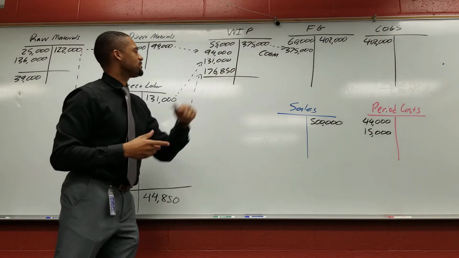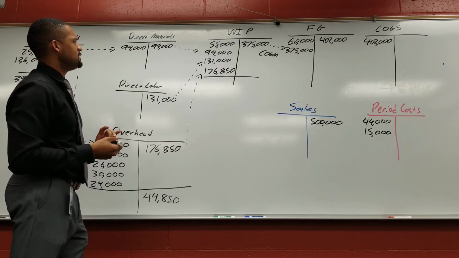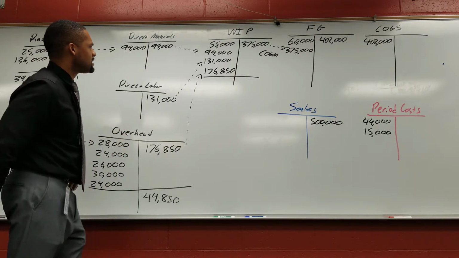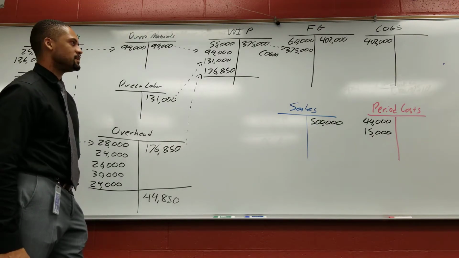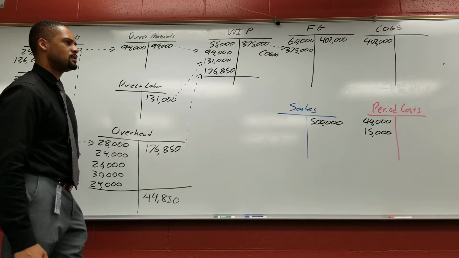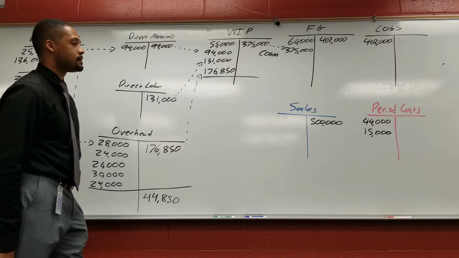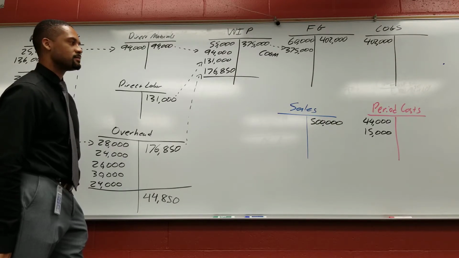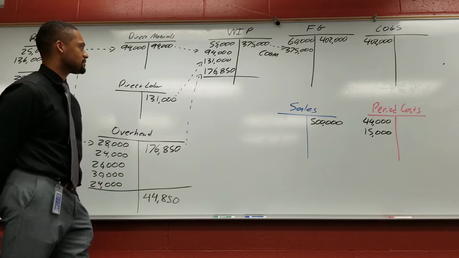We finished 375,000, and that should leave us with, let's see, 55, 94, 131, that's 186 plus 94. 186 plus 94 gets me up to 280,000 plus 176. 280,000 plus 176 is 456,850. 456,850 minus the 375.